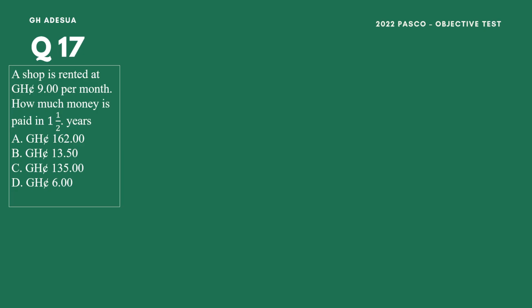Now, the first thing we need to consider is that the rent per month is 9 Ghana cedis.